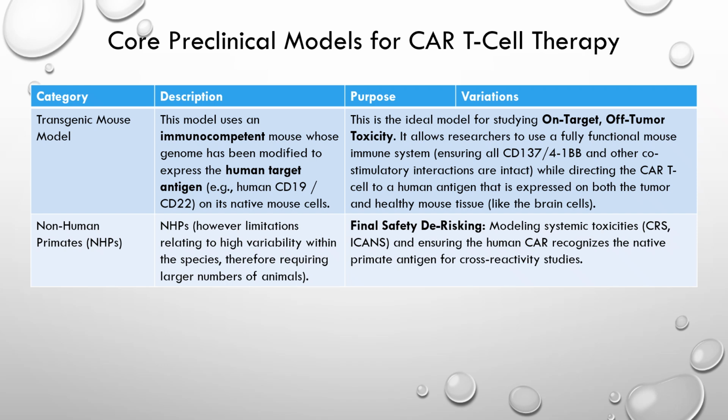You can look at that interaction with the other immune cells for persistence as well, but it's specifically useful for looking at on-target off-tumor toxicity, because you're looking at the actual antigens that are expressed in humans. And then the use of non-human primates.